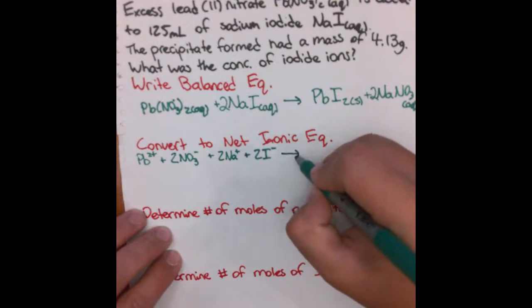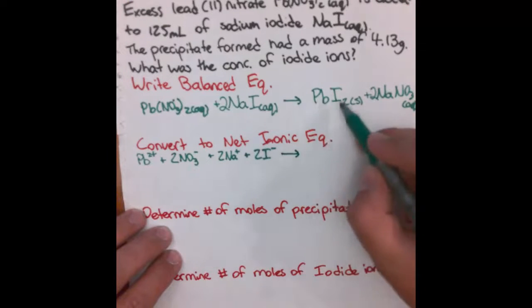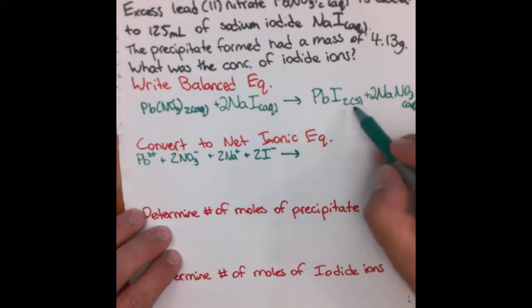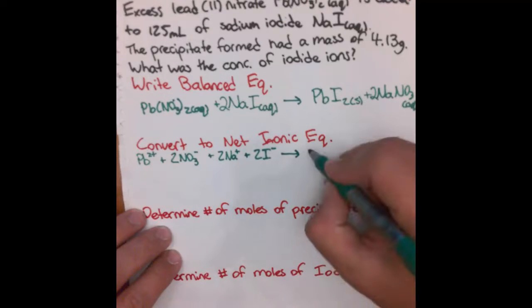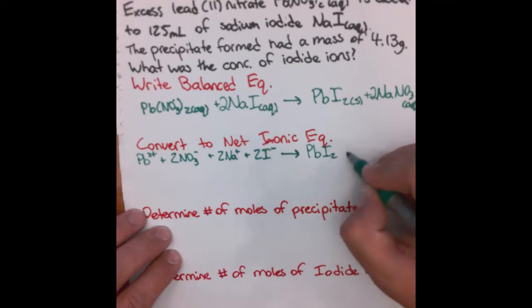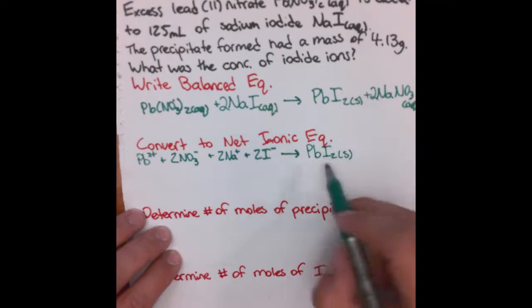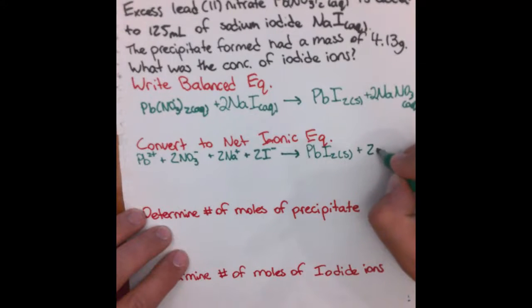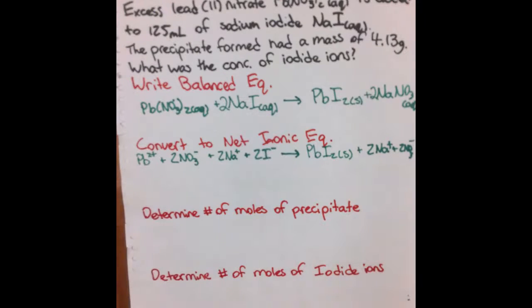And it is going to react to produce lead 2 plus. Actually, no, it won't be lead 2 plus because this is our solid. So we're just going to leave PbI2 in there because it has now reacted and become a new compound, plus our 2 Na plus and our 2 NO3 minus.